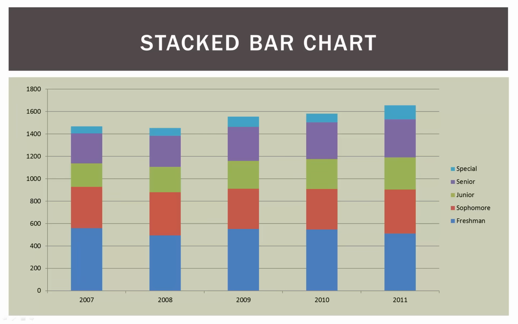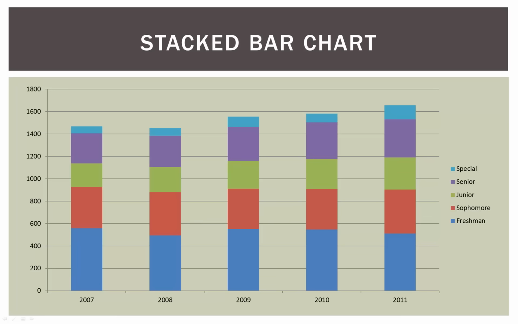Now here is a stacked bar chart, which is another way of looking at our data. So within each year, we have the number of students in each class level, and then they're stacked on top of each other. So what does this do for us that's new? Well, it helps us see proportional enrollment.